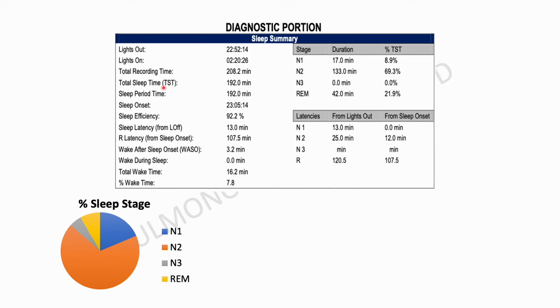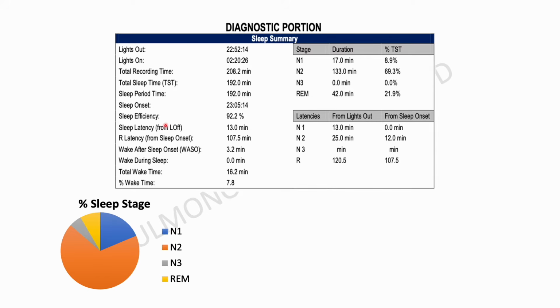So we use this parameter, the TST or the total sleep time, to look at indices such as the AHI. And this is something that only a polysomnography can give you, and a level 3 and level 4 study cannot. So whenever we are calculating indices, this is the time that we are using.